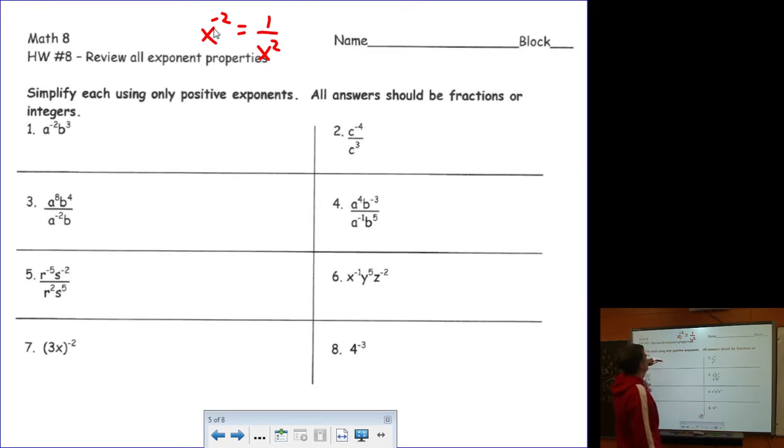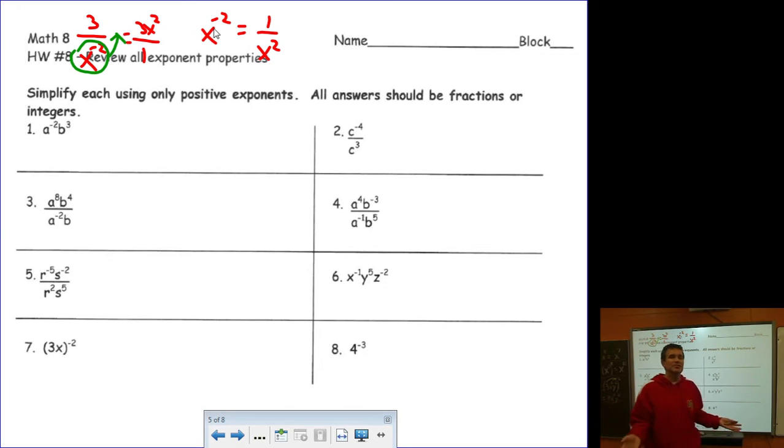And then a negative exponent that is in a fraction means take that term that's got the negative exponent and move it to the opposite spot in the fraction. And that's the same as taking the reciprocal. Right? I will be using those two things the entire time.